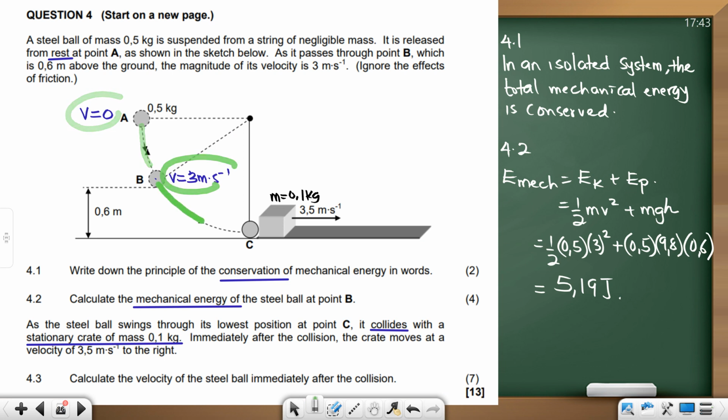That means by the time it reaches this point, the velocity must be greater than 3, because mechanical energy must be conserved. We do not know the velocity at the point of collision, thus that velocity must be calculated.